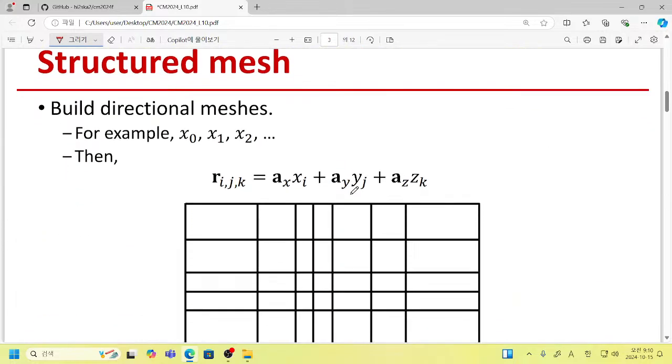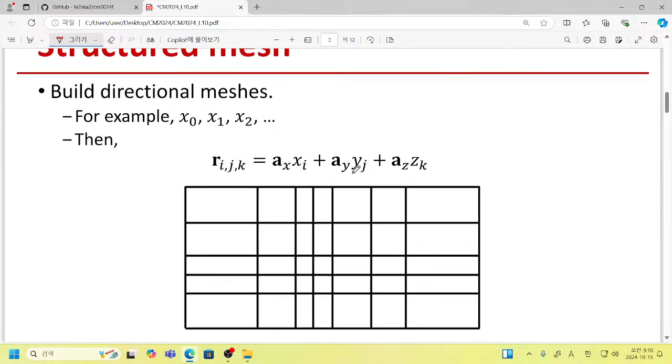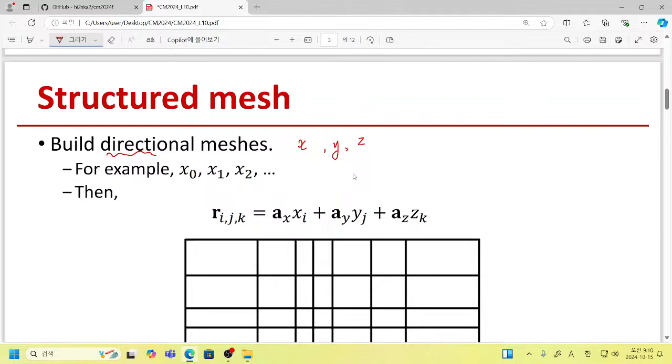In order to consider this multi-dimensional problem, 2D or 3D, the first thing we can do is so-called structured meshing. In this structured mesh approach, we just consider directional meshes: an X directional mesh, a Y directional mesh, and a Z directional mesh. Three different meshes are separately generated.